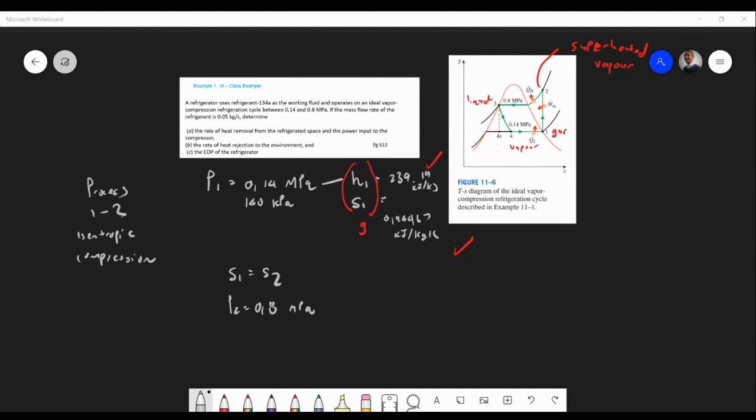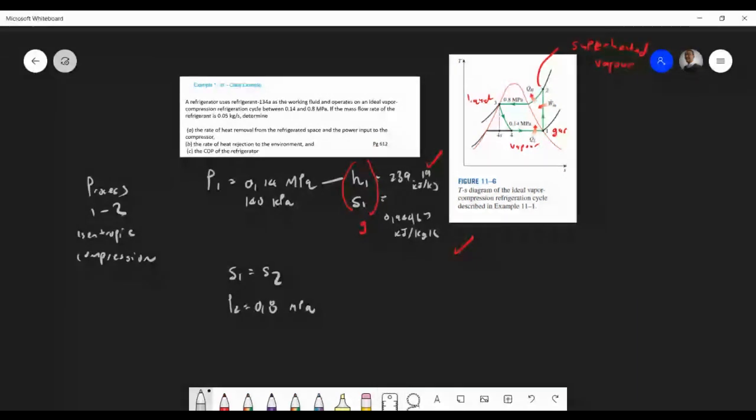Obviously, these tables will be given to you. The table I want to go to is table A13, and this is what I didn't discuss. I'm going to copy it here for you quickly.